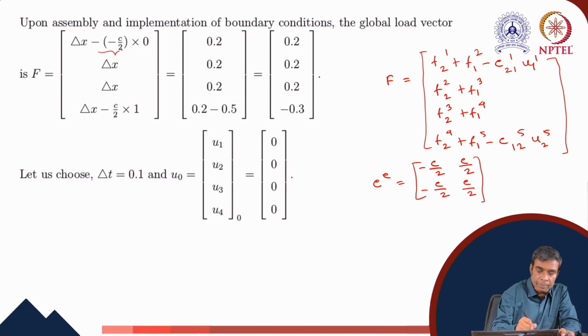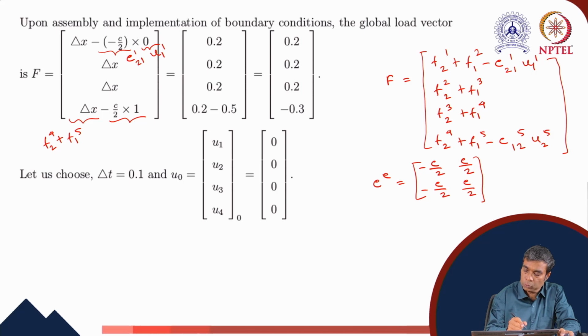So this term, this is C211, and this is U11. The last row, we can see that this delta x, it came as F24 plus F15, and this final term, this is C125 into U25.